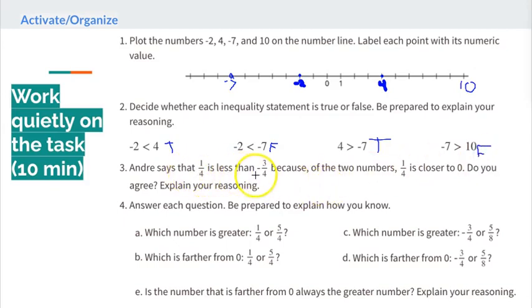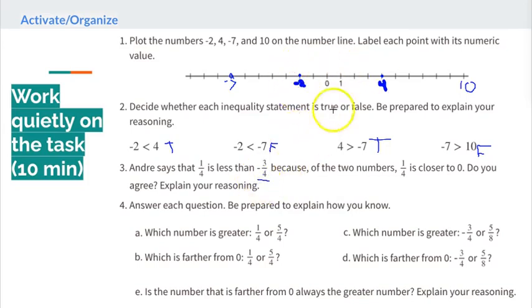Andre says that 1/4 is always less than negative 3/4 because of the two numbers, 1/4 is closer to 0. Is that true? No, it's not about which one's closer to 0 or not. It's which one is further to the right of the other one.